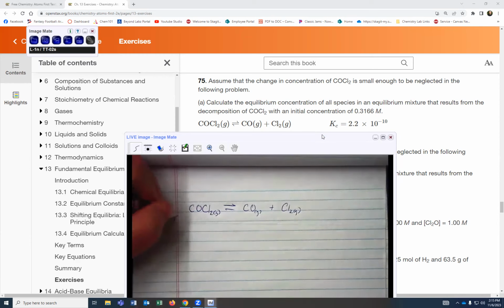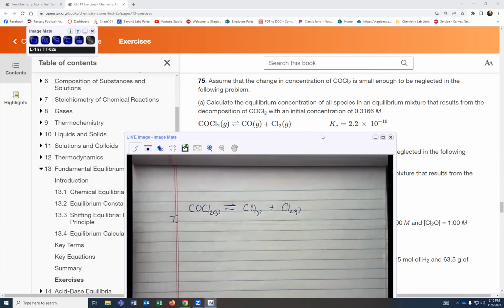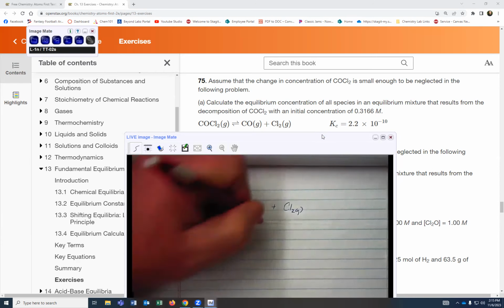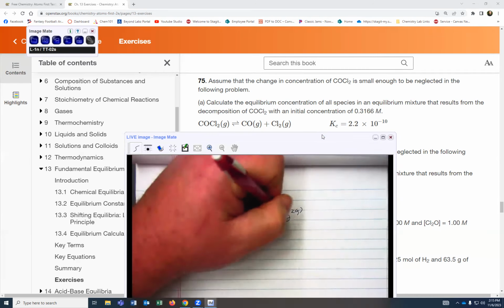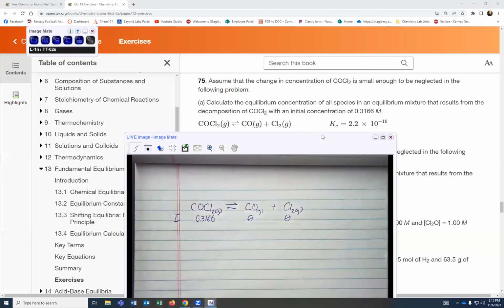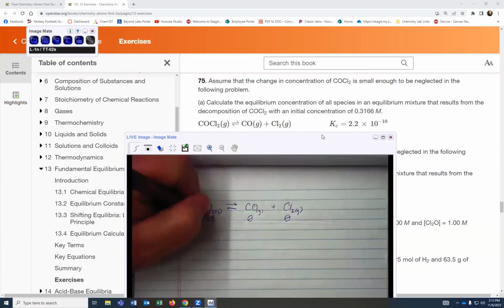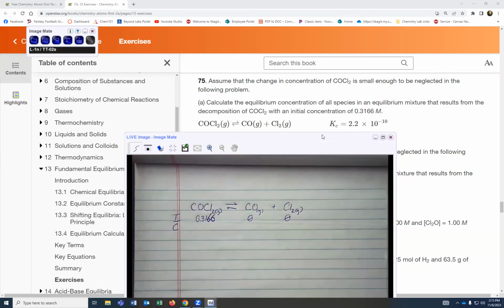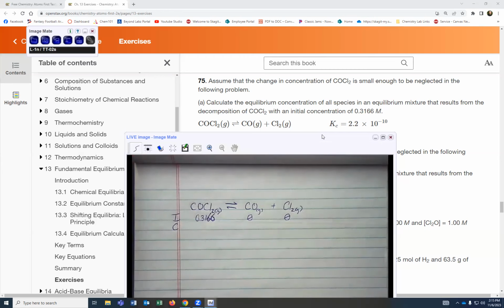Our initial concentration of COCl2 is 0.3166 molar. Our initial concentrations of the products are 0 molar. To get to equilibrium, what's our change going to look like here?